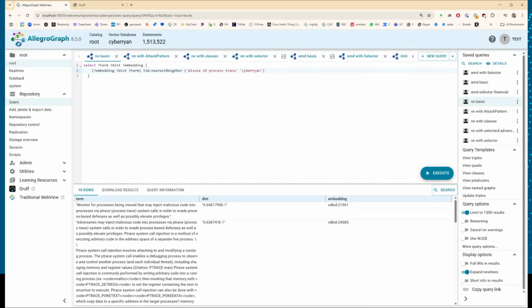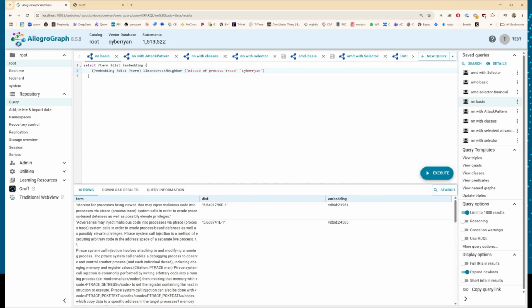On the left-hand side of this magic predicate, nearest neighbor, what we get back when we do this query is a URI that points to the embedding, meaning the 1536 floats, the dot product or the cosine distance between a term and the thing you're looking for, and then the term that we find in the database.